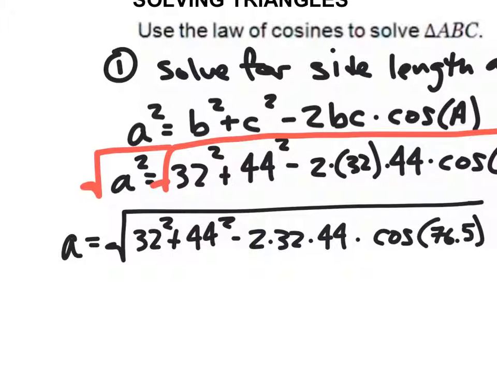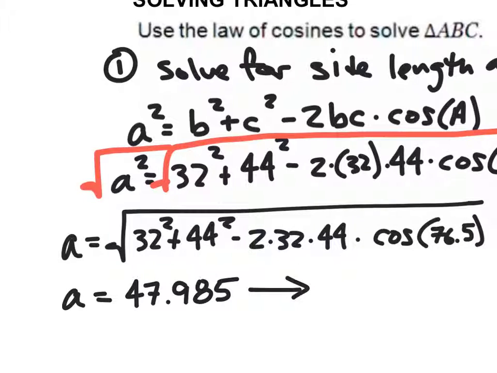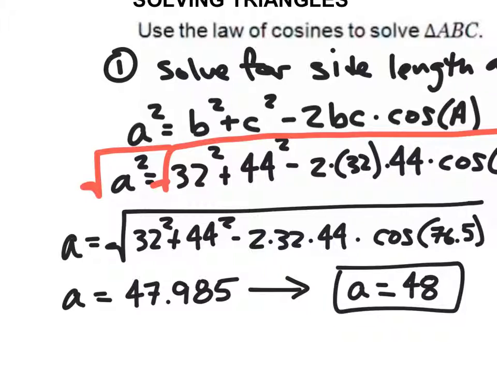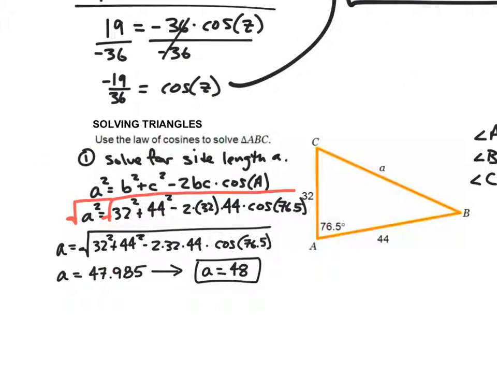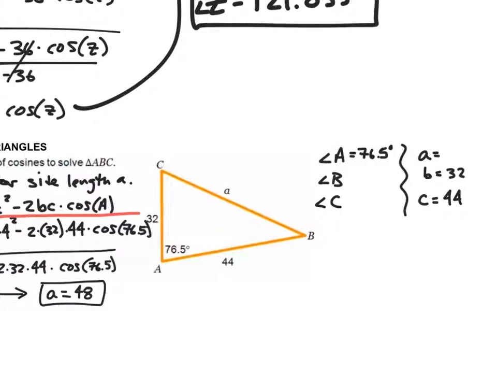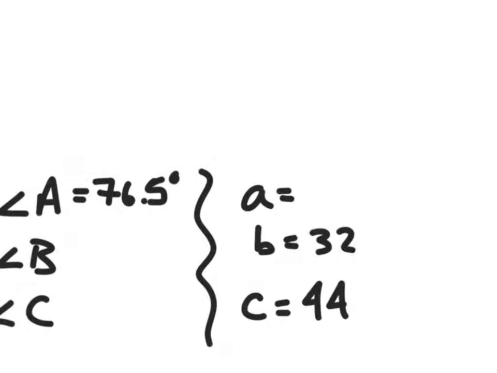We get A is 47.985. Let's round that to the nearest whole number because it's really close, so A is equal to 48.